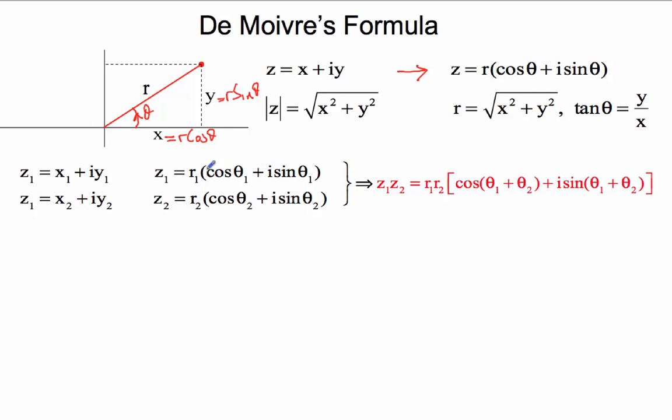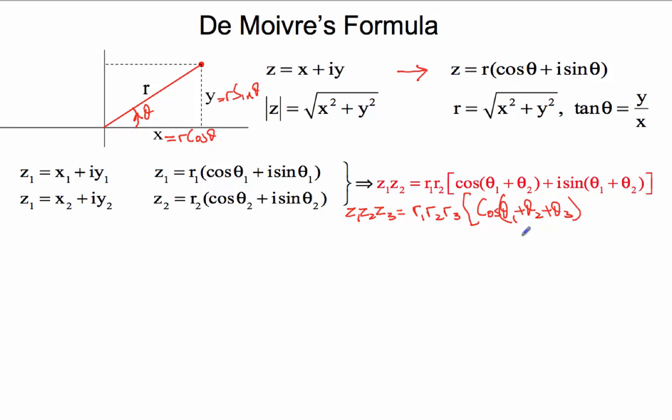and of course this angle here is theta. The next thing we learned was that if you have two complex numbers, z1 which is r1 into cosine theta 1 plus I sine theta 1, and z2 which is r2 into cosine theta 2 plus I sine theta 2, if you multiply them together, you get this. Now, if you had three complex numbers, z1, z2, z3, it would not surprise you to know that the answer is r1 r2 r3, and here you would have cosine of theta 1 plus theta 2 plus theta 3.